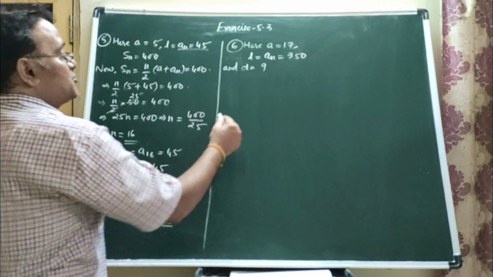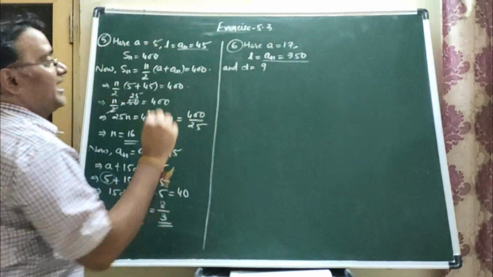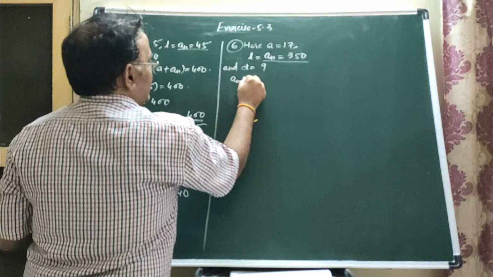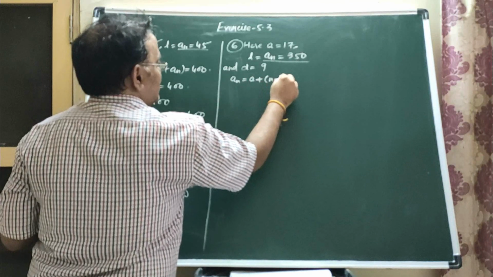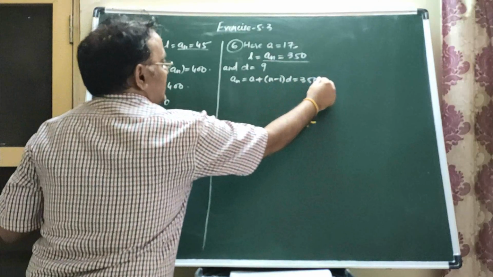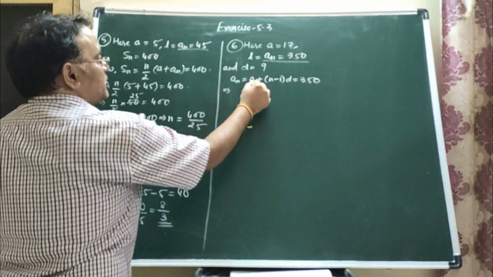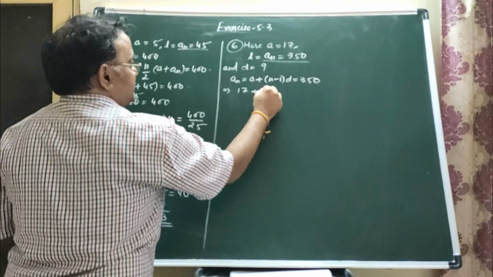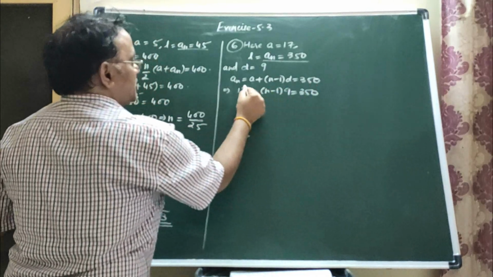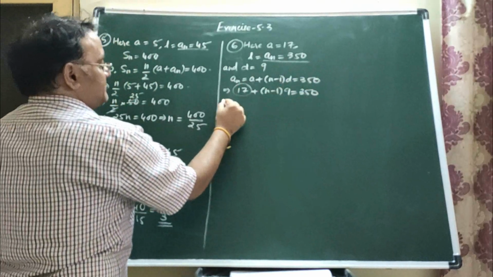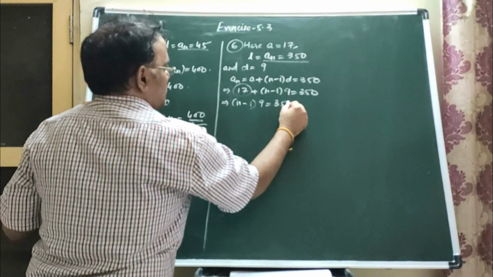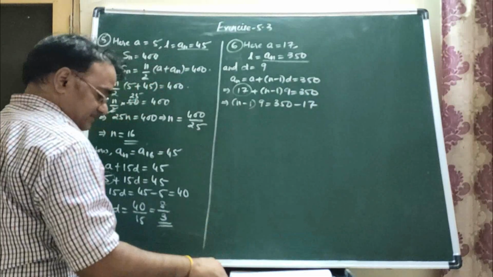So we'll use this formula. An is equals to 350. So An we can write as A plus n minus 1 into D is equals to 350. Okay. Now substitute the value of A and D. Now shift 17 to that side. So 350 minus 17.